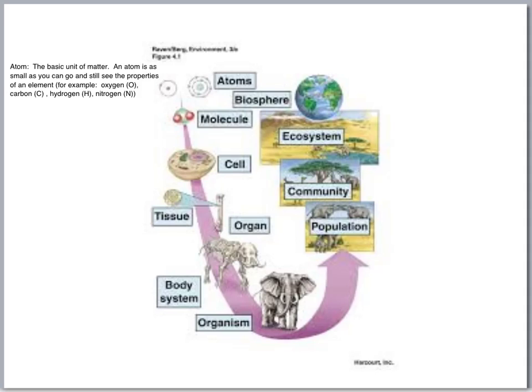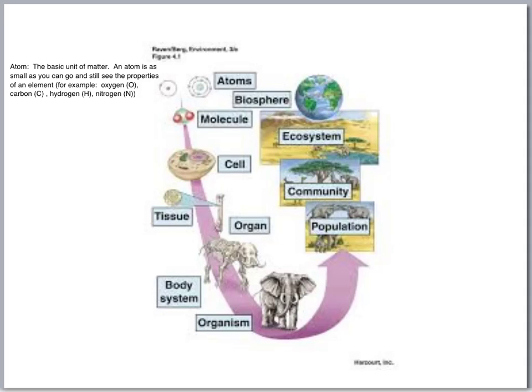So let's start our discussion over on the left-hand side up at the top where it says atoms. Atoms, our basic definition is that it is the basic unit of matter. An atom is really as small as you can go and have that substance have the properties that we associate with that substance.